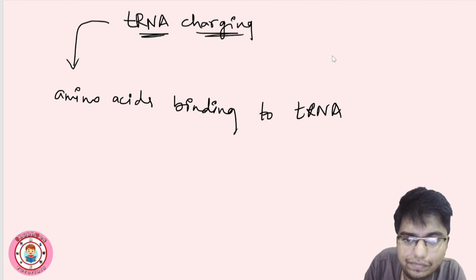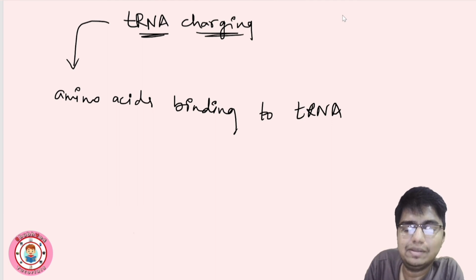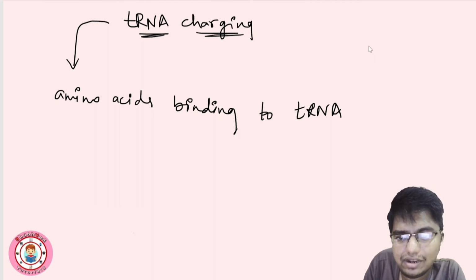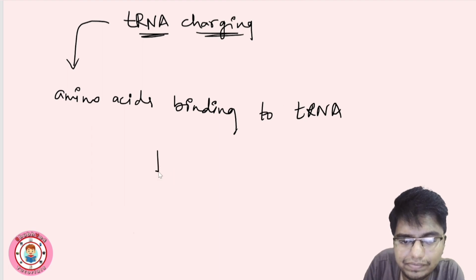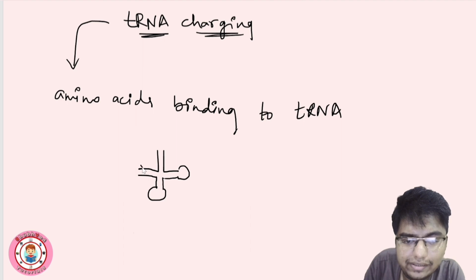So we have studied the structure of tRNA in the previous video. I will just roughly draw the tRNA structure. These are the loops we know, and here is the anticodon, pseudouridine, and dihydrouridine, and this is the acceptor arm, 3 prime acceptor arm.